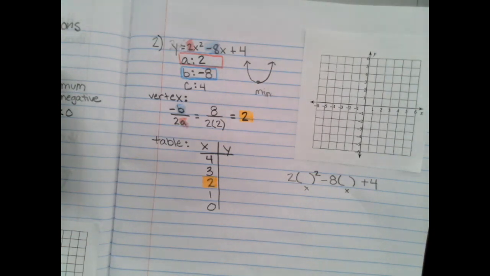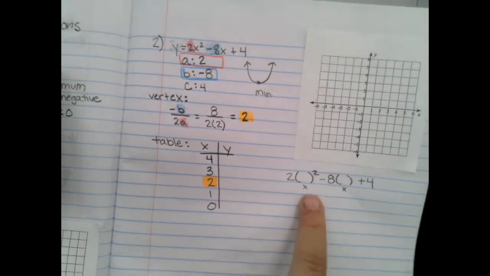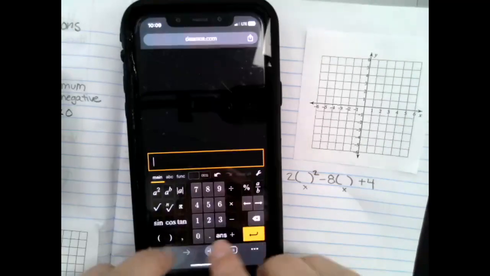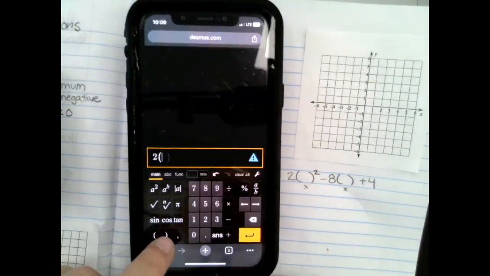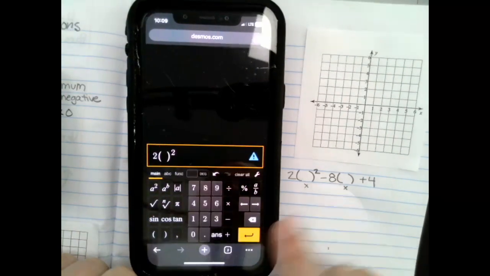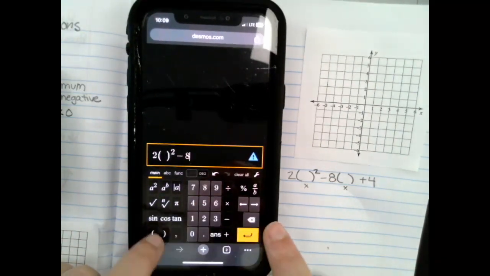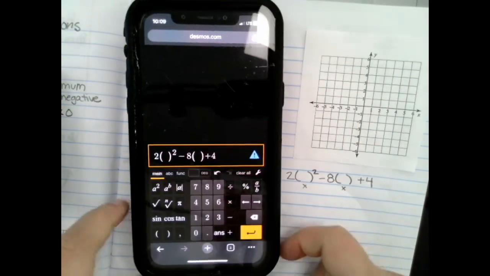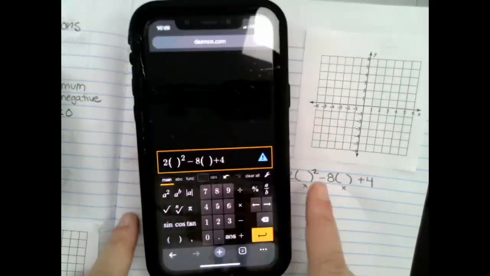All right, I'm going to use that calculator because then that way I can just type this in and then I can just delete, and that's going to make it a lot easier rather than having to retype it. So 2 parentheses squared minus 8 parentheses plus 4. All right, what numbers am I going to put in those parentheses to start?